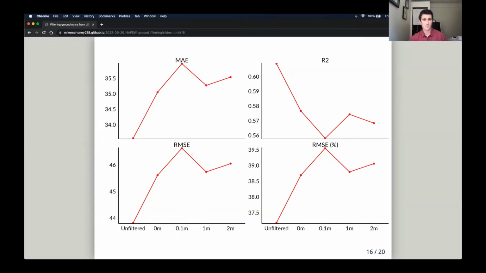There's one exception here, and that's that our models were at their least accurate at this 10 centimeter filtering threshold. And we don't have a great explanation for that. But what we can say is that generally the unfiltered model was consistently the most accurate for New York, and that filtering decreased our model accuracy overall.